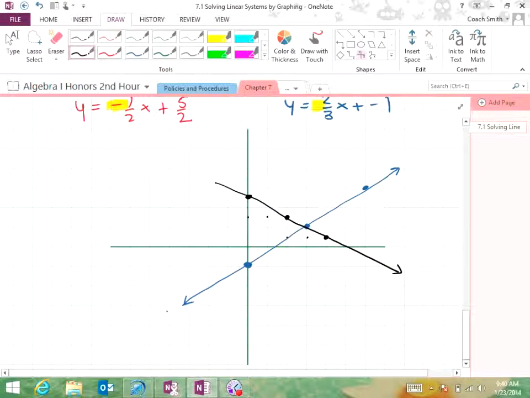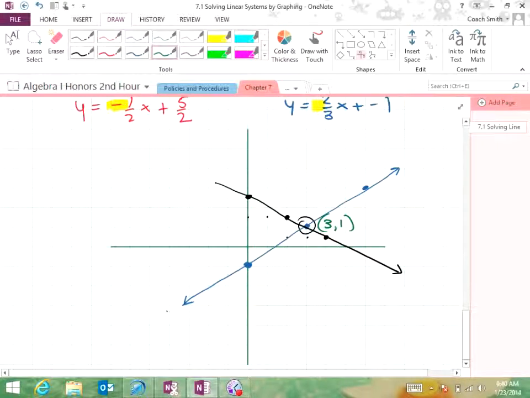Okay. So our point of intersection is right here, and that's going to be what coordinates? Brandon. No, opposite. 3, 1. 3, 1. So 3, 1 is our point of intersection.